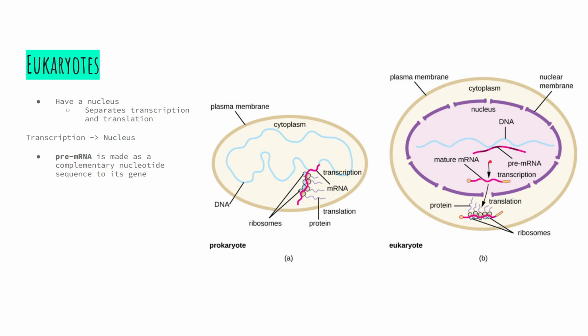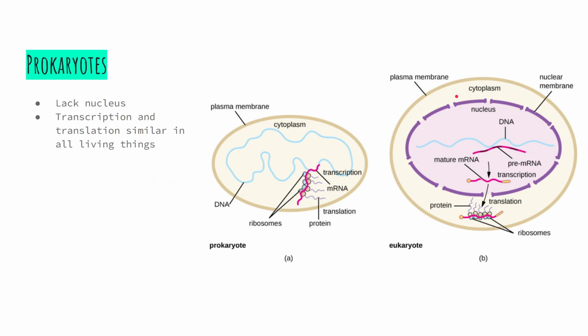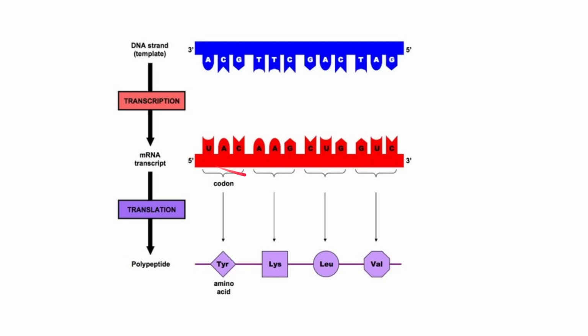Something new to introduce is that we now have pre-mRNA. This pre-mRNA is made of a complementary nucleotide sequence to its genes. So that pre-mRNA, if we go back to previous slides, this would be our pre-mRNA. It is a direct copy of the DNA strand with everything that it would have paired to.